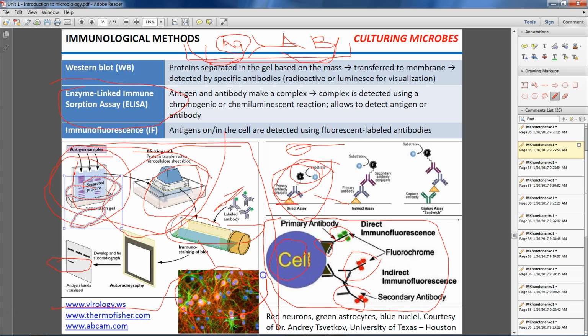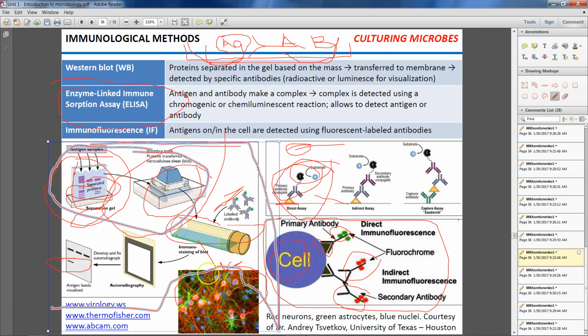In this picture, at the bottom, right here, you can see the red neurons, green astrocytes, and blue colored nuclei.